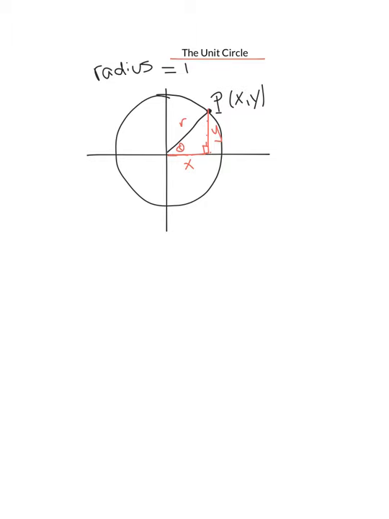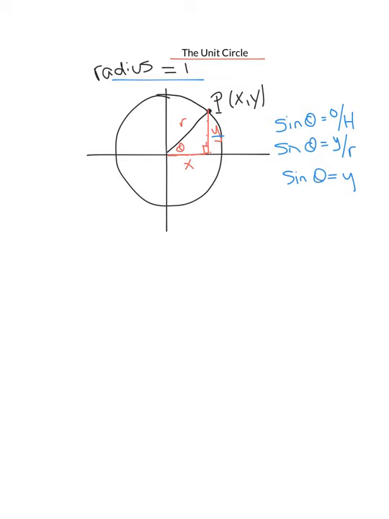I can say sine of theta is equal to, we know sine is opposite over hypotenuse, so sine of theta is equal to y over r. Now, since this is a unit circle, we know the radius is 1. We can say sine of theta is equal to y.